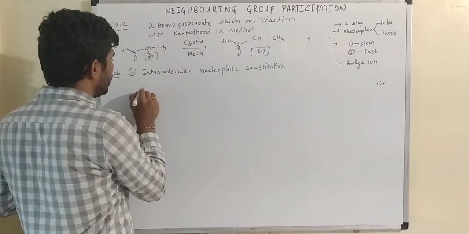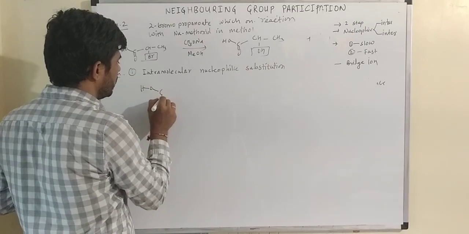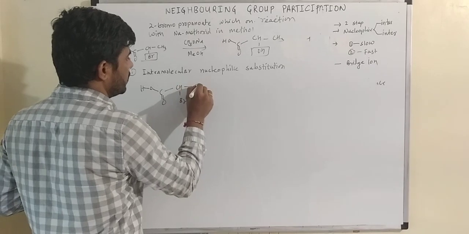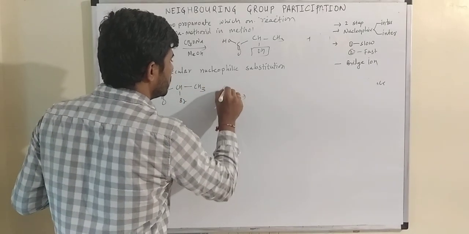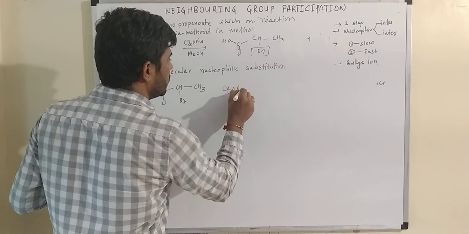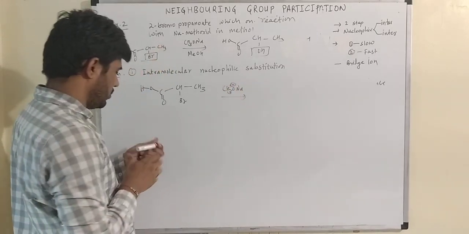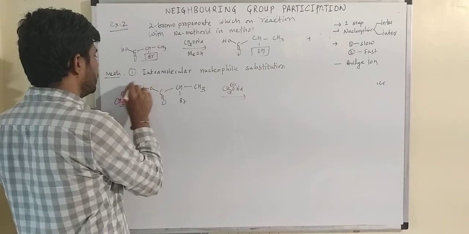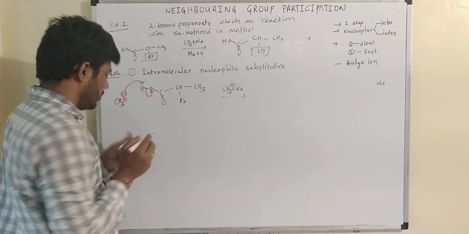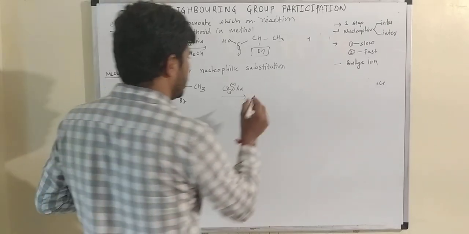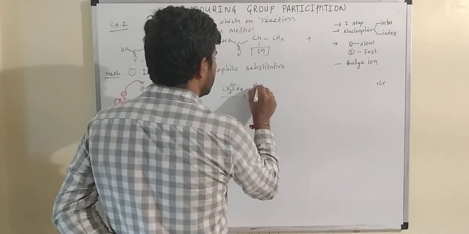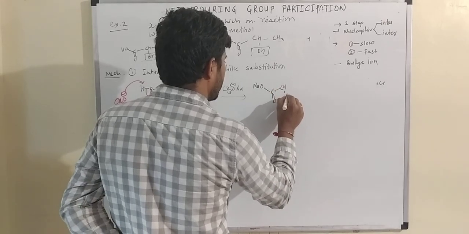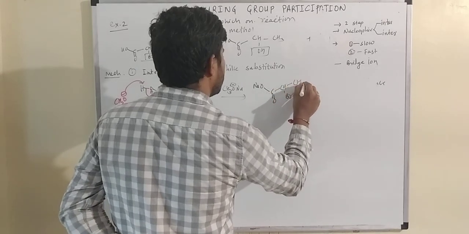This particular hydroxyl group, this CHBr CH3 in CH3ONa. So this hydrogen is abstracted by the methoxide ion and makes this oxygen negative. It gives this particular sodium salt, CHBr, and this is CH3.